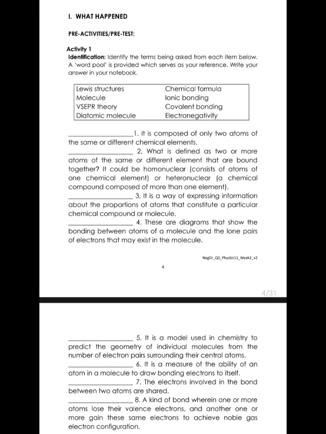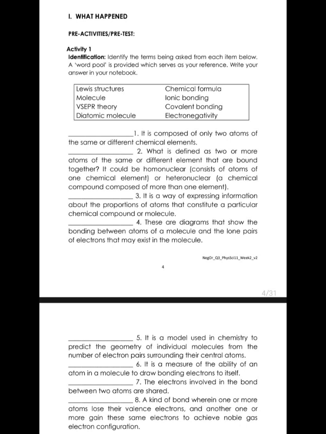Number 6. It is a measure of the ability of an atom in a molecule to draw bonding electrons to itself. The answer is electronegativity. Number 7. The electrons involved in the bond between two atoms are shared.